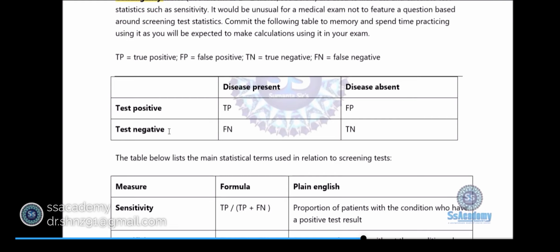Disease present but the test negative: the false negative. Disease absent and the test negative: definitely this is a true negative. So in summary, disease present and test positive is a true positive.